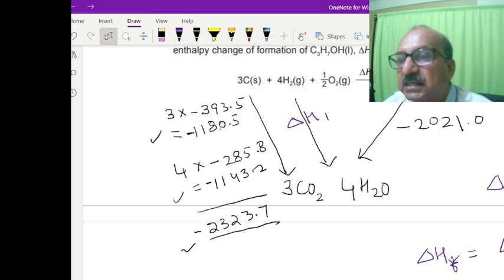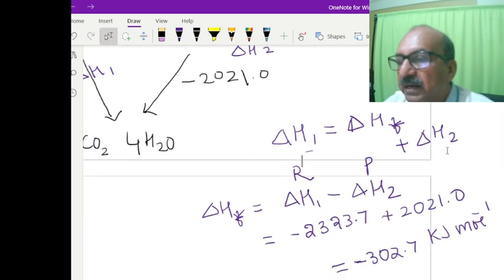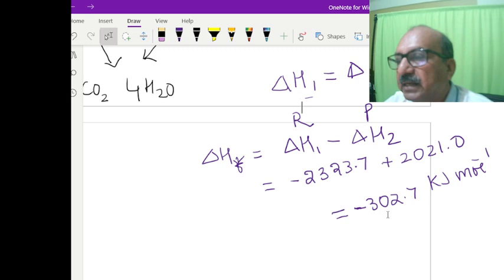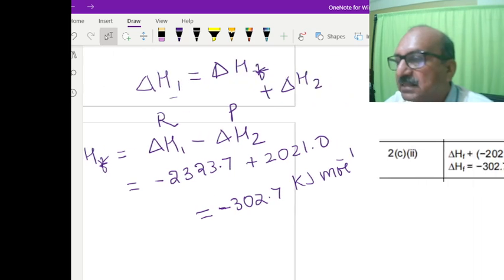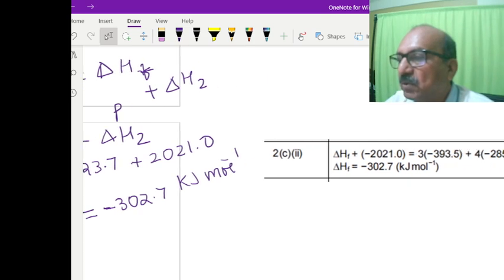I have multiplied this and added them together. I get this. So now I use simple algebra where I do delta H1 minus delta H2. The 2 minus become plus, and then finally I get minus 302.7 kilojoules per mole, and that is the answer, minus 302.7 kilojoule per mole.